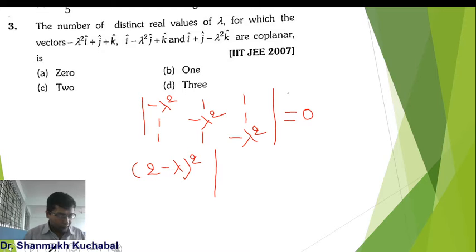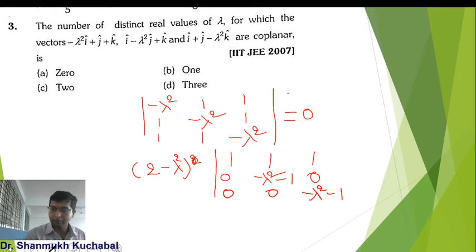Doing elementary row transformations, we get this simplification: 2 minus lambda squared, the whole thing squared. Further, we get 1 1 1, 0 minus lambda squared minus 1 0, 0 0 minus lambda squared minus 1, equal to 0.